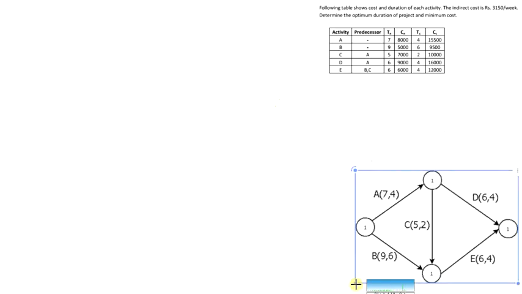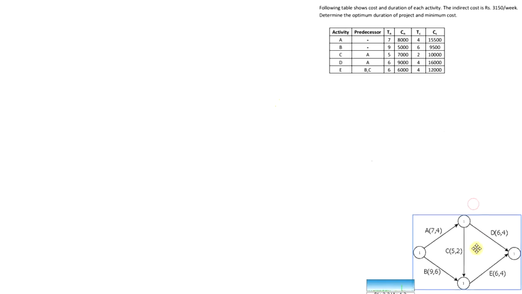So here the total cost of the project will be, what will be the total cost? The sum of all these things will give you the total cost. What will be the total cost? 6,000 plus 9,000 plus 7,000 plus 5,000 plus 8,000.